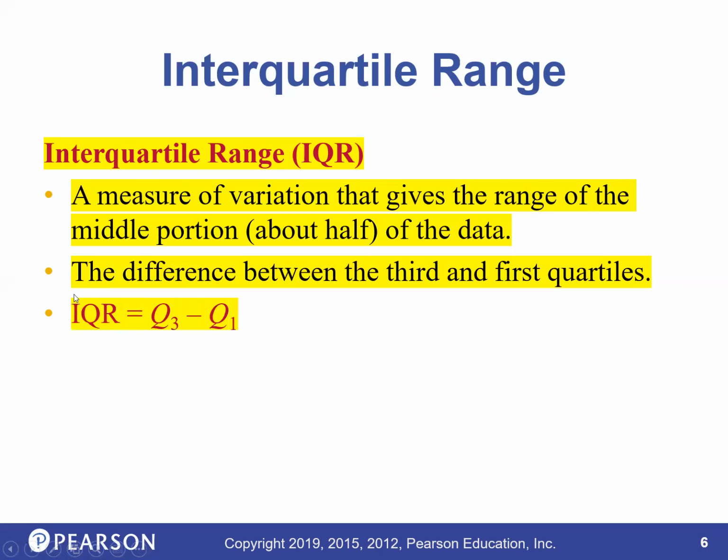The formula is IQR equals Q3 minus Q1. So Q3 minus Q1 is what we do for the interquartile range, and that means 50% of the data is going to fall right here.